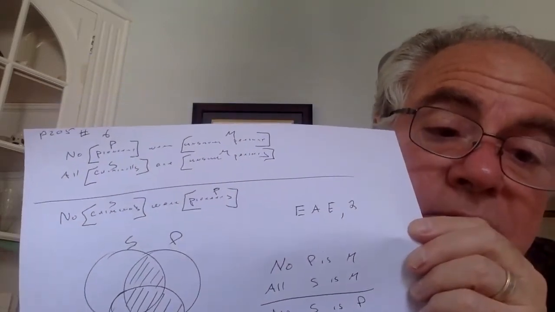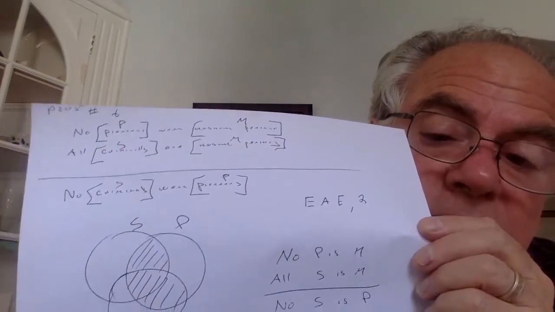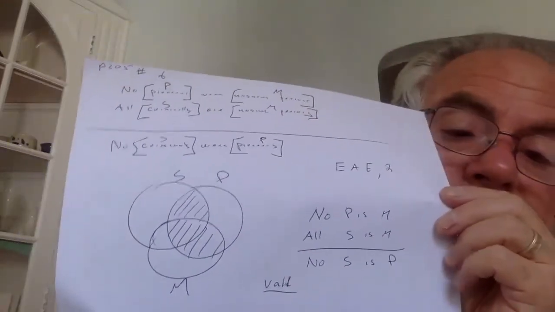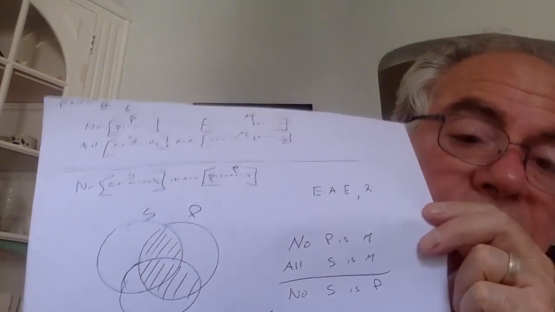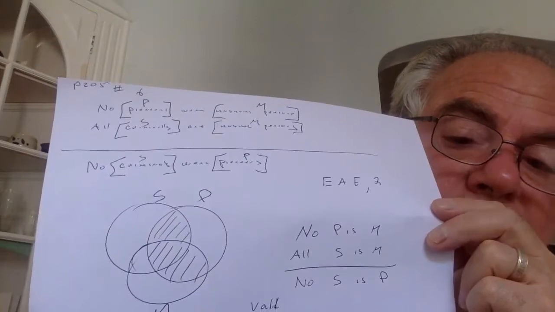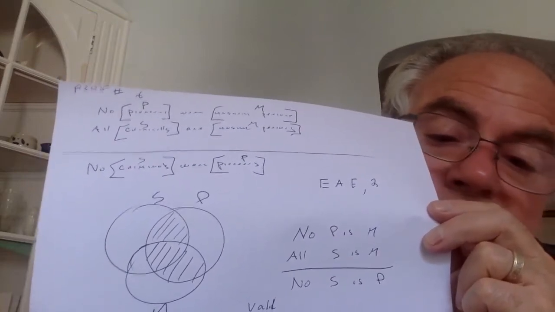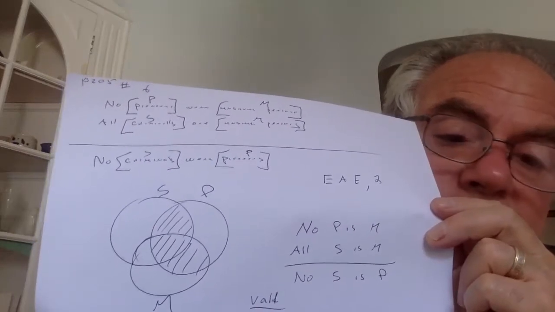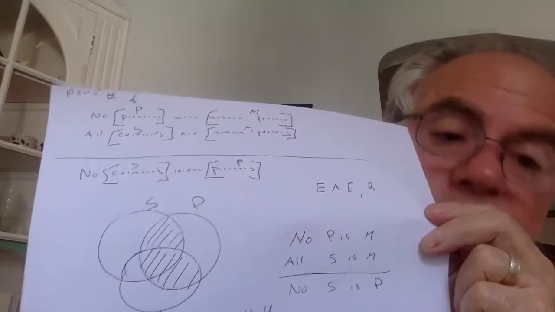You have to memorize those 4 figures. The 4 figures are based on the positioning of the middle term. So then you diagram it. Now you diagram the 2 premises and you look to see if the conclusion is already diagrammed. In this case, the E is universal and the A is universal, so you can do either one first. But always remember, if there's a universal and a particular, do the universal first.